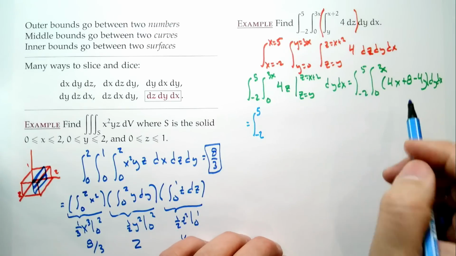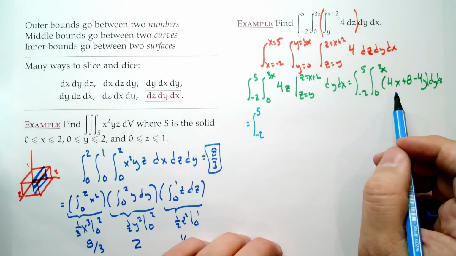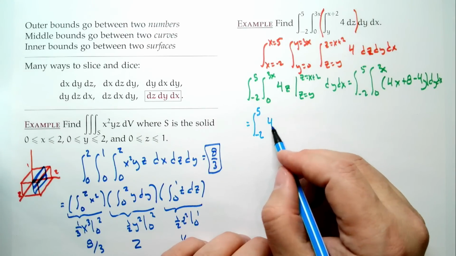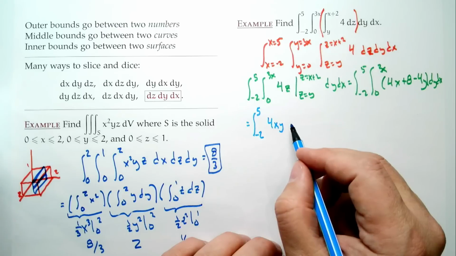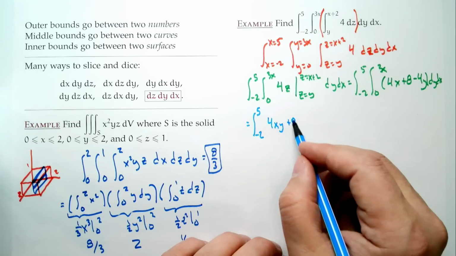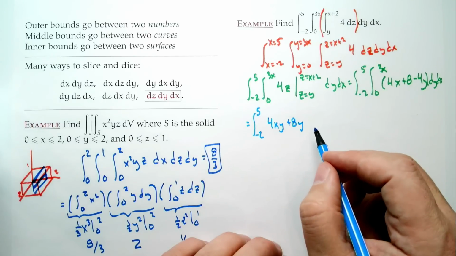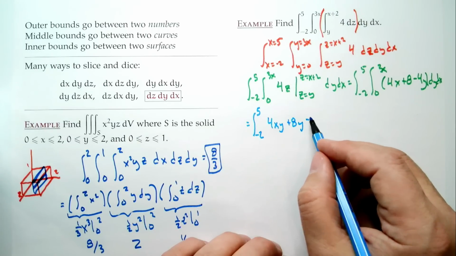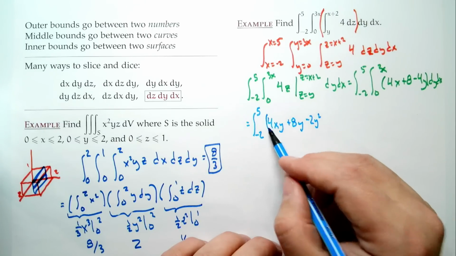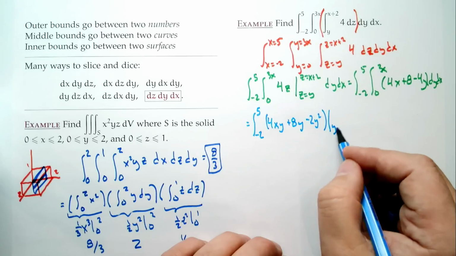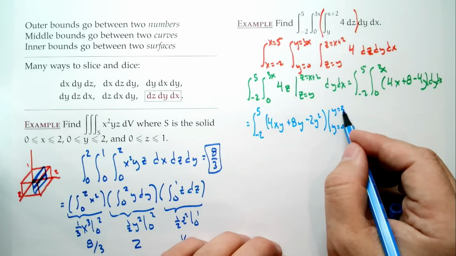So integral of 4x with respect to y, 4xy. Integral of 8 with respect to y, 8y. Minus 4y with respect to y, minus 2y squared. And we're going to evaluate from y equals 0 to y equals 3x.